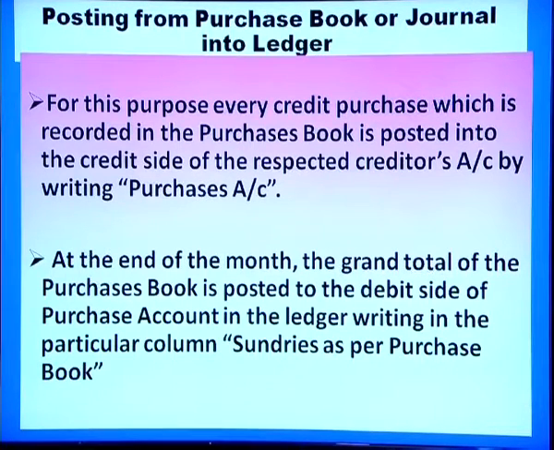What will we write there? By purchases account. At the end of the month, the grand total of the purchases book is posted to the debit side of the purchases account in the ledger, writing in the particulars column sundries as per purchases book.